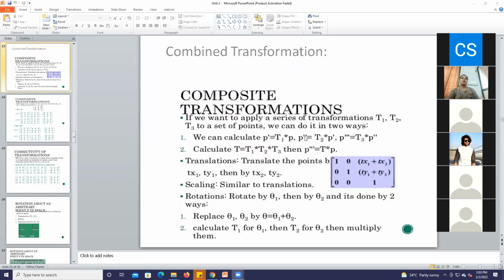This is one approach. Or the second approach is T total calculate करा, and then directly the resultant value is equal to this combined transformation into your original किंवा इनिशियल टी मॅट्रिक्स, इनिशियल पी मॅट्रिक्स.